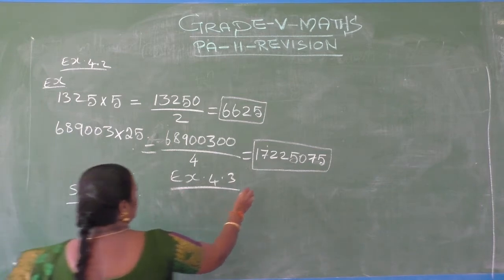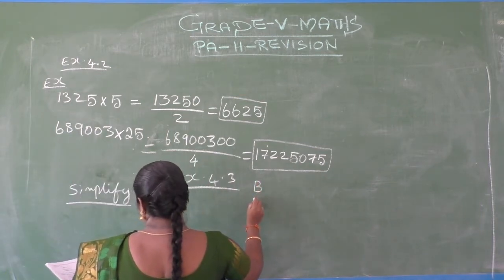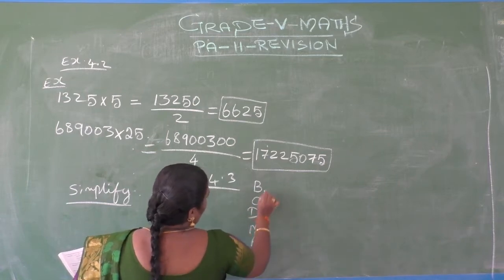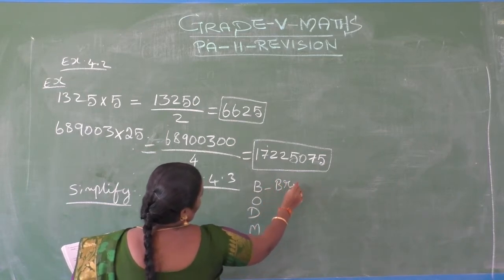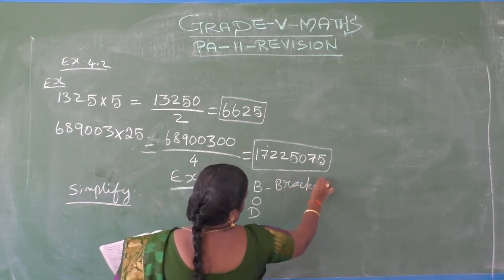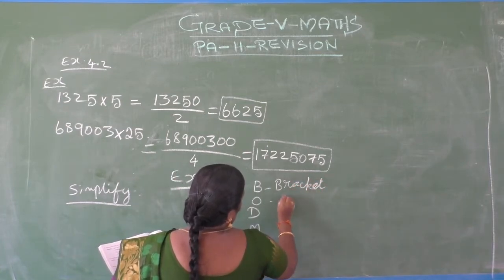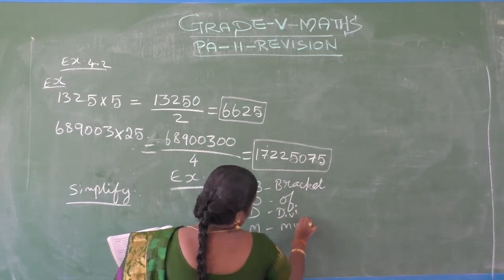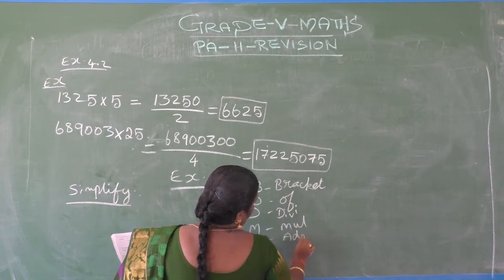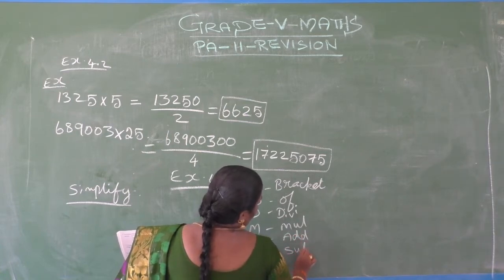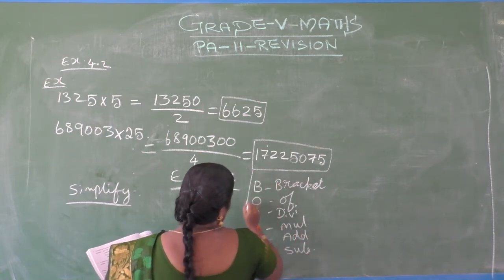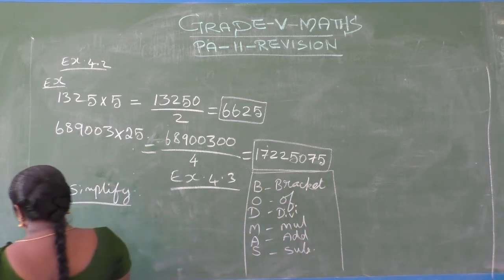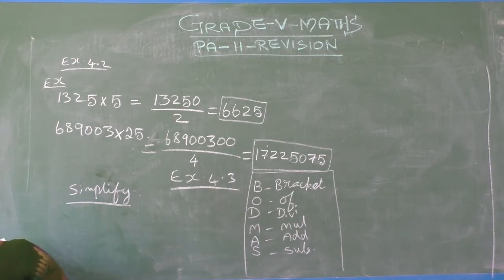What is the BODMAS rule? B means bracket, then of, division, multiplication, addition, and finally subtraction. These are the steps for the BODMAS rule. Whenever you are doing simplification sums, you have to use these steps only.